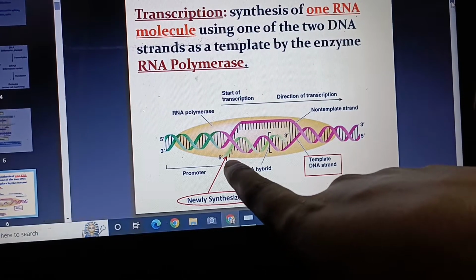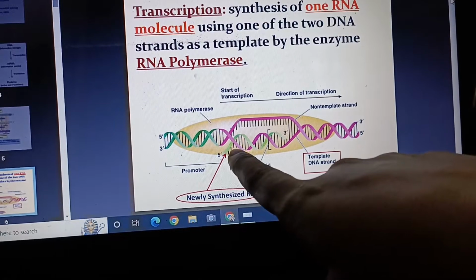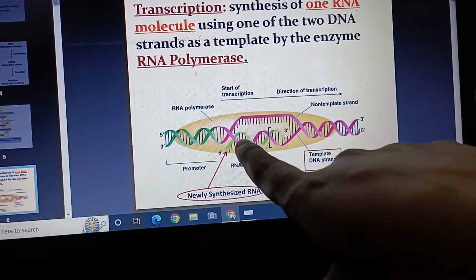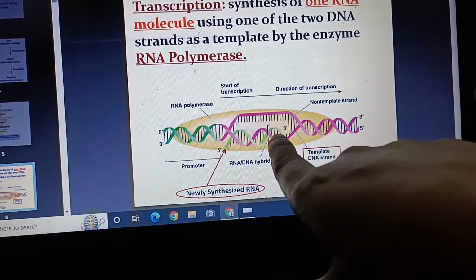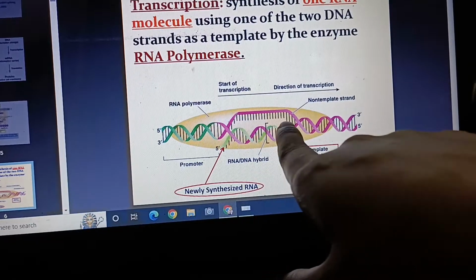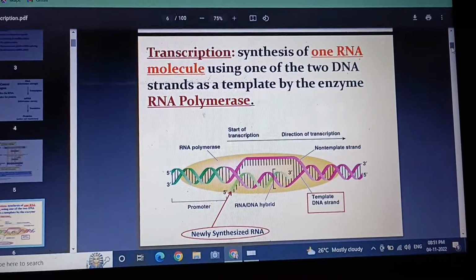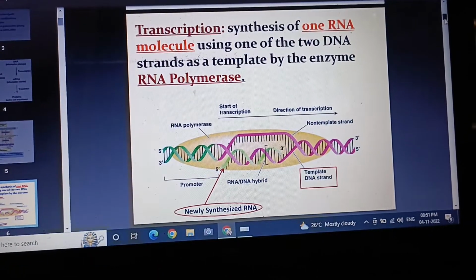Here one hanging strand is there, and this is the newly synthesized strand. When the newly synthesized strand is in this direction, your template strand is automatically on that side. I hope you have this concept clear. We'll discuss it in the following slides.